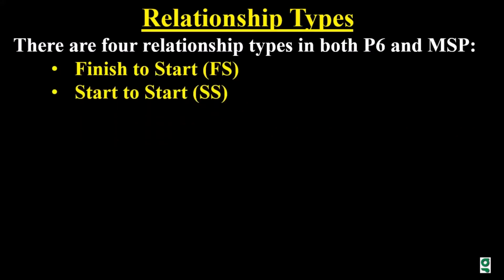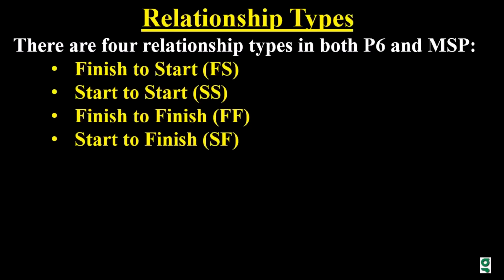Then we have the start to start, which has the acronym SS. Then we have the finish to finish with the acronym FF. The last but not the least of these relationship types is the start to finish with the acronym SF.